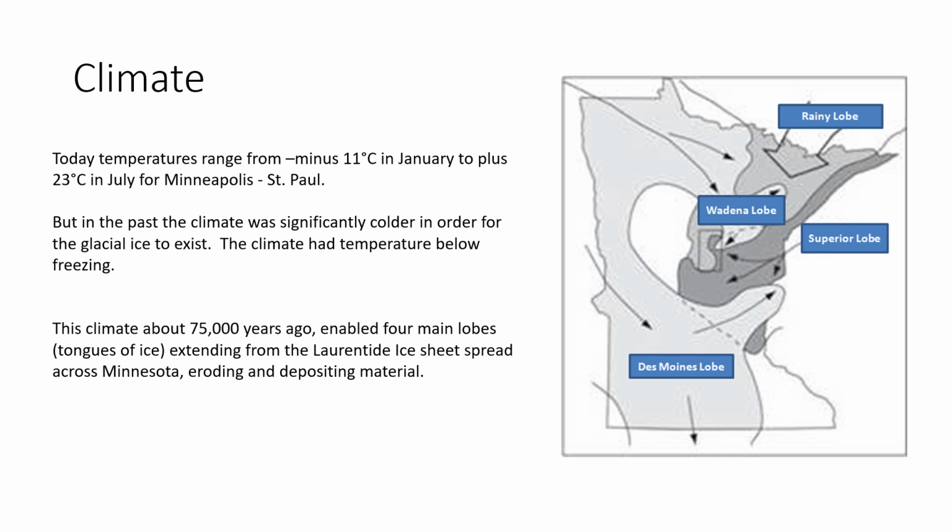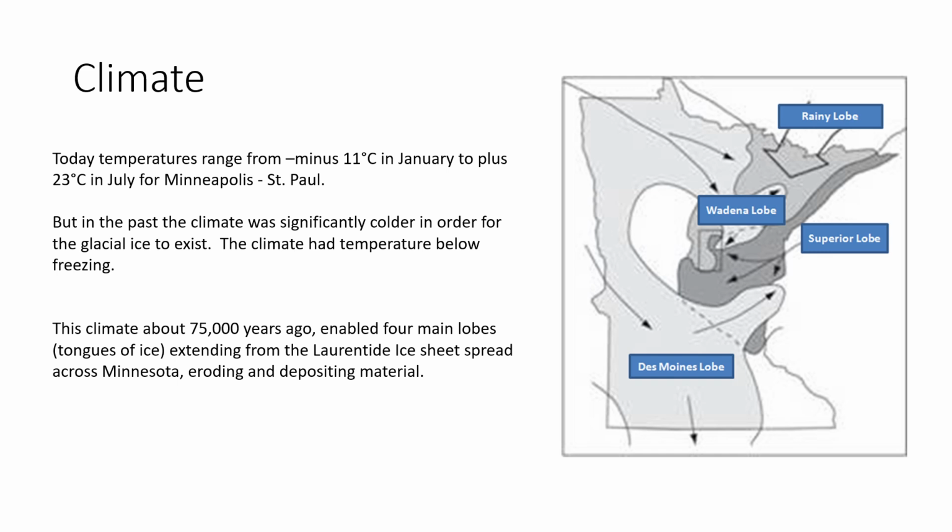But in the past, that would have been slightly different. Those temperatures would have been significantly lower. And that's important because if this area didn't have those colder conditions, then particularly during those summer months, the ice would not have existed. And the ice did cover large portions of Minnesota. So the majority of the time during the last glaciation, those temperatures would have been below freezing, enabling those ice lobes to exist.